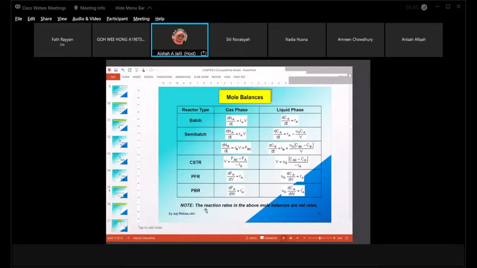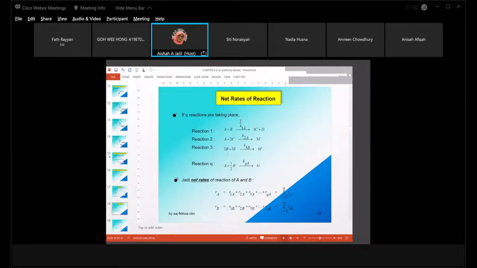The reaction rates in the above mole balances are net rates. What are net rates?